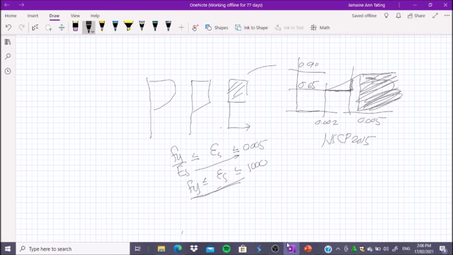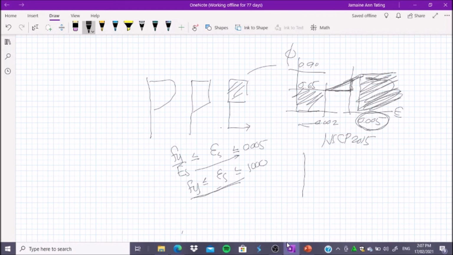So, hindi siya over-reinforced. Pag dito, over-reinforced siya. Pero meron tayong transition region. Okay. This is strain, and this is free. Ngayon, kung titignan nyo, kapag ang pinag-usapan natin is strain, pag malaking strain, nag-yield talaga siya, mas malaki yan. 0.002, dito is 0.65, ang compression control dito.